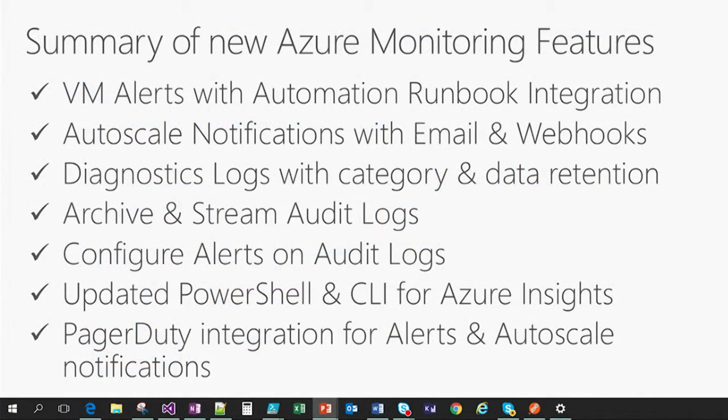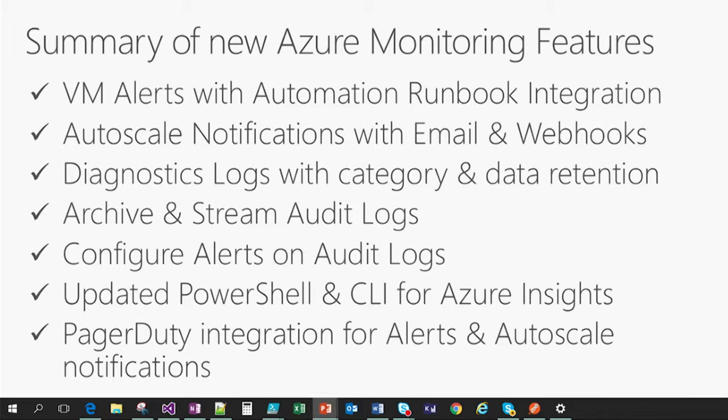Okay, so to sum it up, we spoke about a set of new features for Azure monitoring for Build. So we spoke about VM alerts with the Azure automation integration, runbook integration. We spoke about autoscale notifications with email and webhook. We spoke about diagnostics logs, which come with category and data retention at that level. We discussed the new feature to allow you to archive and stream audit logs.